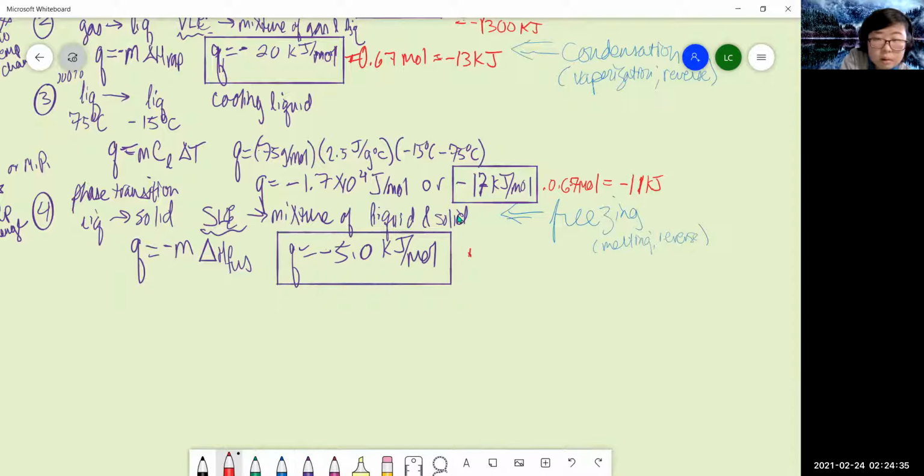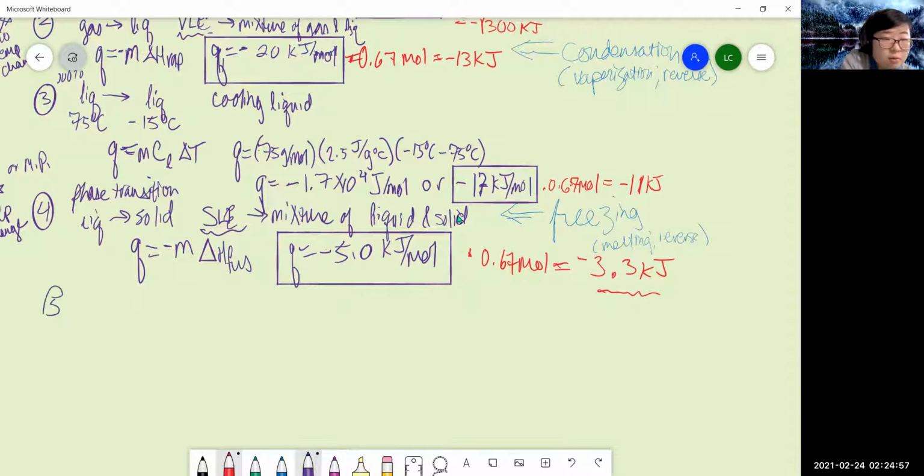Or if you multiply 0.67, you get negative 3.3 kilojoules. And this is specifically for that 0.67 moles.